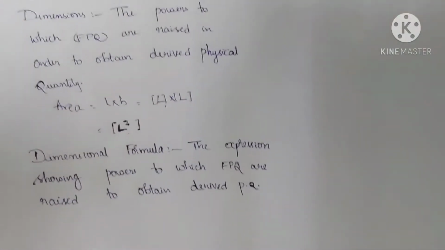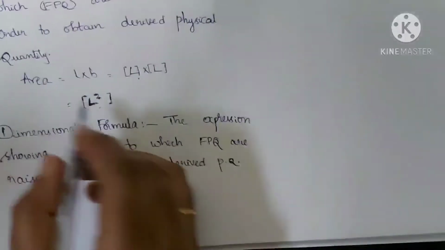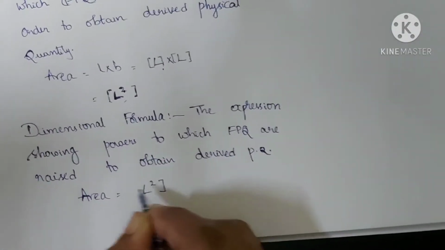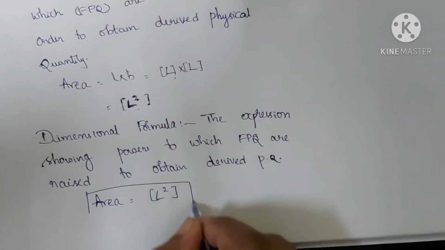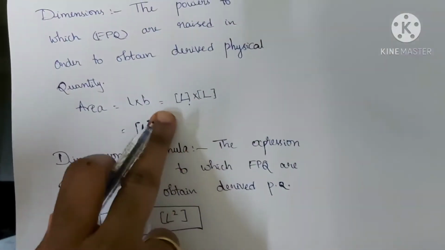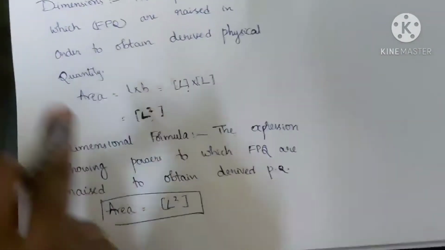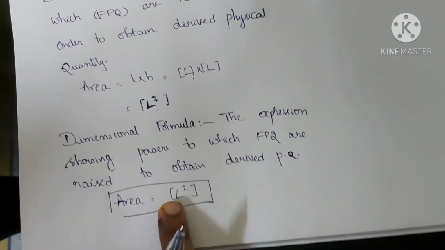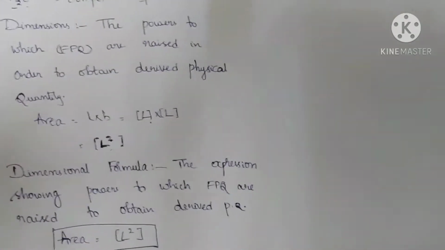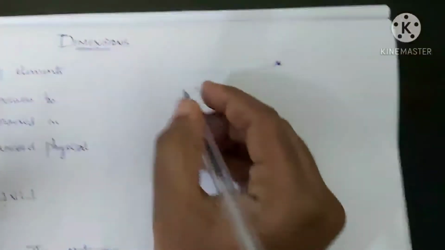So a dimensional formula is an expression. Area is equal to L square, so this is the dimensional formula for area. Here the power shows you the dimensions, whereas this entire thing in the brackets gives you the dimensional formula.